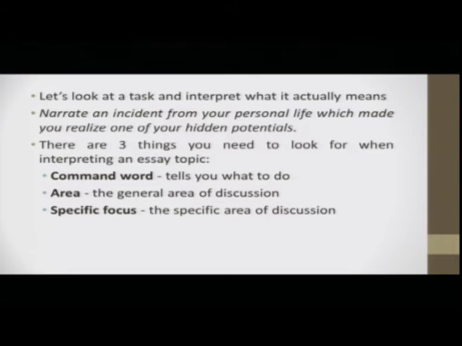Area, if you can see here, is an incident from your personal life. The task very clearly says an incident, a single incident, and personal life. So, these are key things. So, this is the area, you can say here.